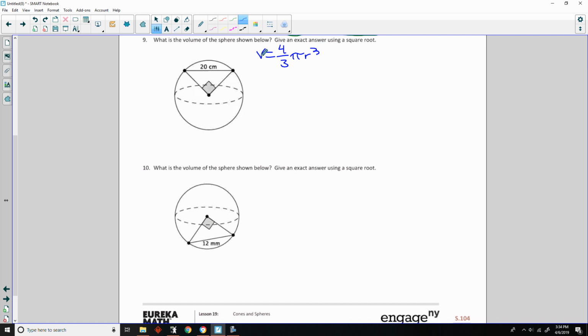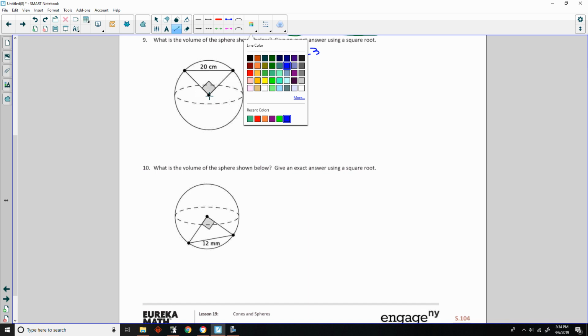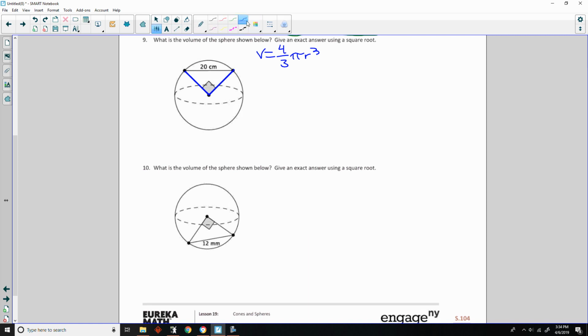I don't know the volume, that's what I have to find. 4/3 is a number, pi is a number, r is the radius cubed. So the only thing I don't know is the radius. Where's the radius in this diagram? It is right here. It is also right here. They're both the same length because they're both radii.